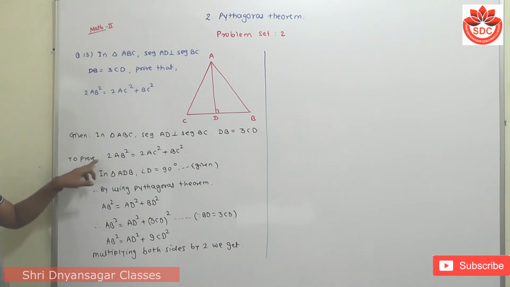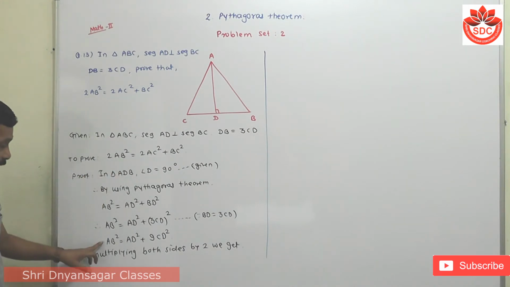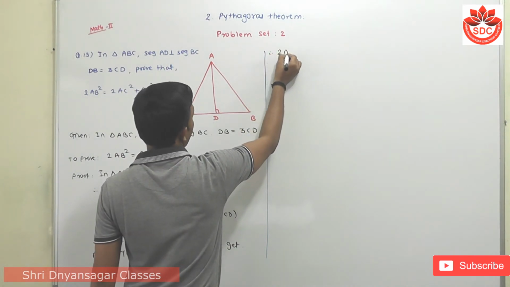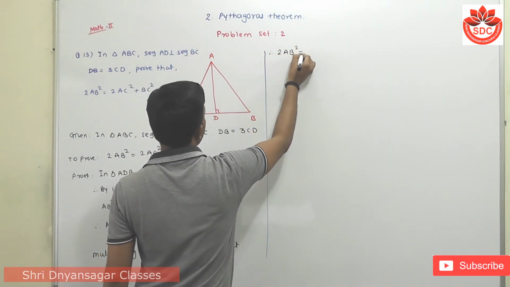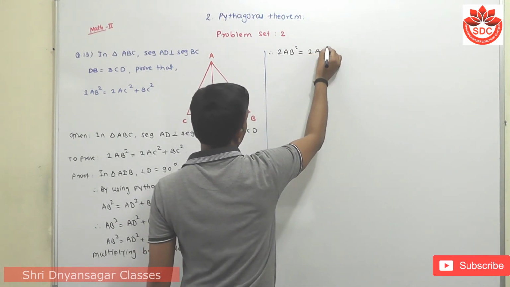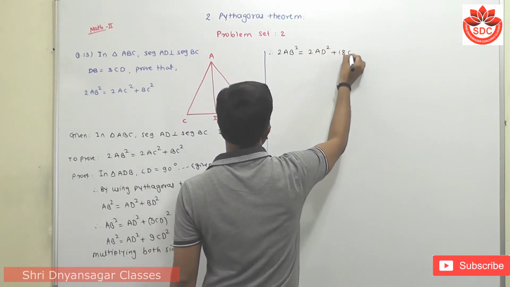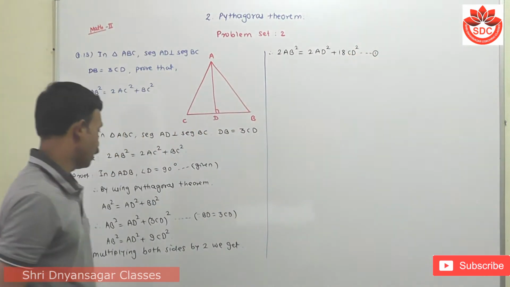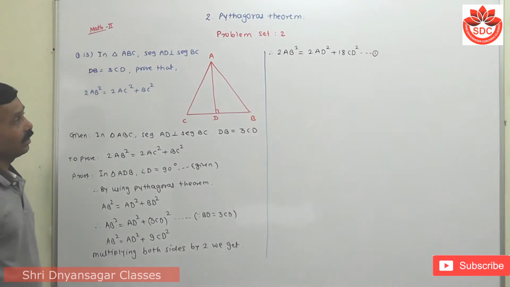Because we want to show twice AB square. Therefore twice AB square is equal to twice AD square plus 18CD square. Suppose that this is our equation number first.